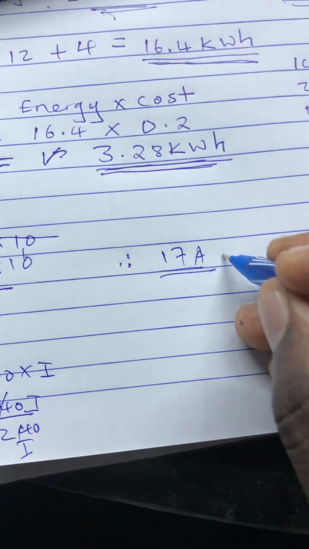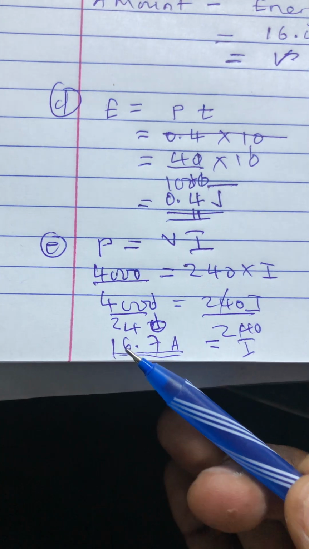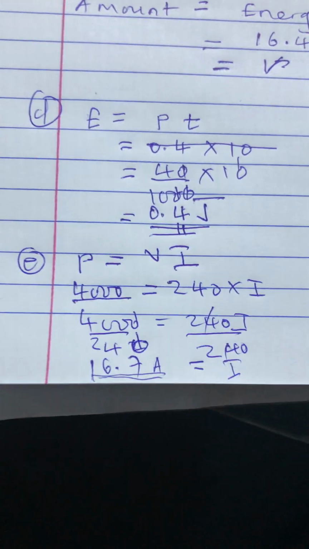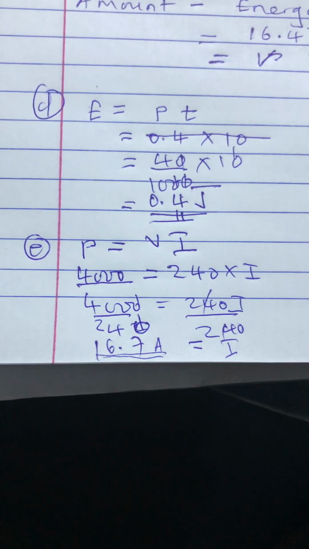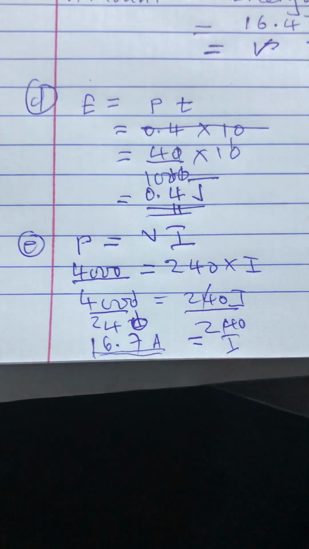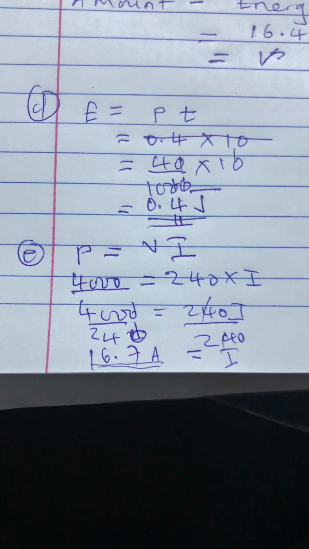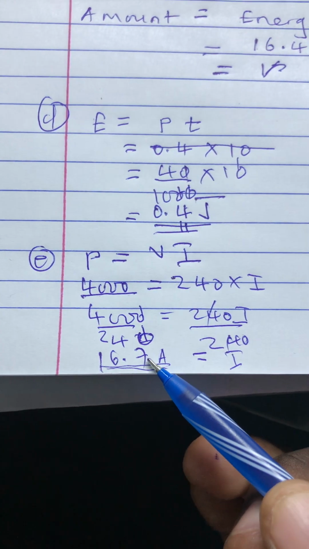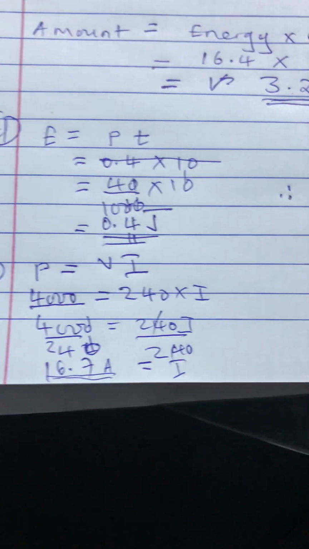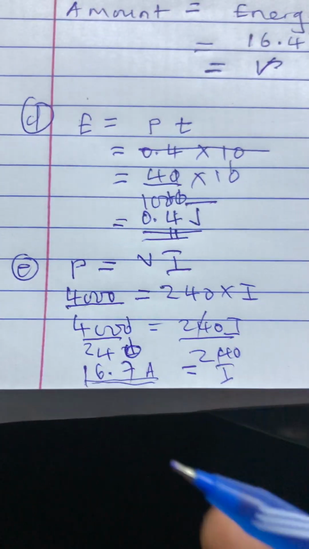So this one is the one that the examiners are going to mark, not this one. This is the current that is passing through that fuse. Now you need to suggest the suitable fuse that is not going to be destroyed when this current passes through it. So we are going to get the one that is a bit higher than this one.